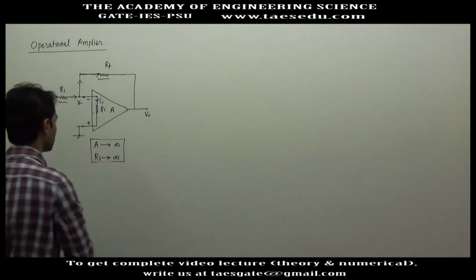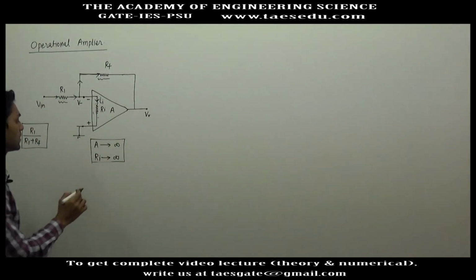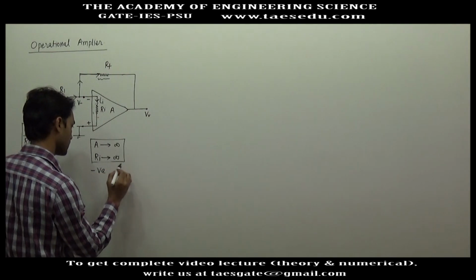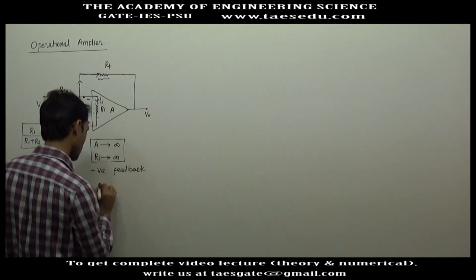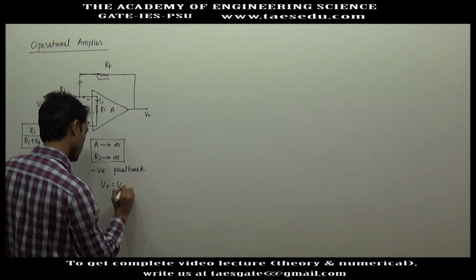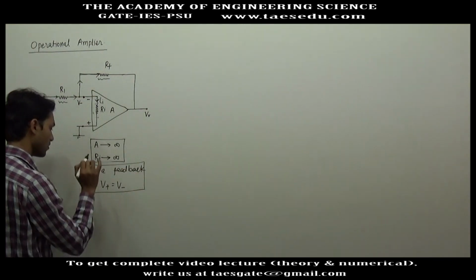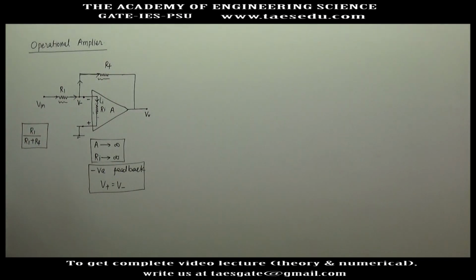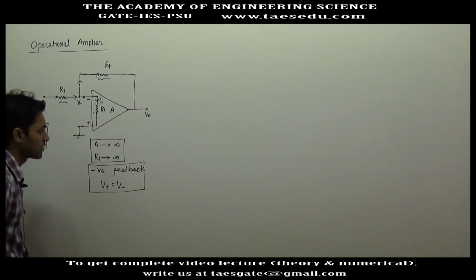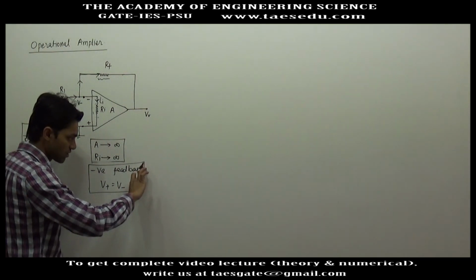So if the op amp is ideal and it is connected with negative feedback, then V plus will be equal to V minus. And after doing this, solving or calculating the gain of the amplifier will involve only the analysis of a network. Nothing will be left as an analog circuit.